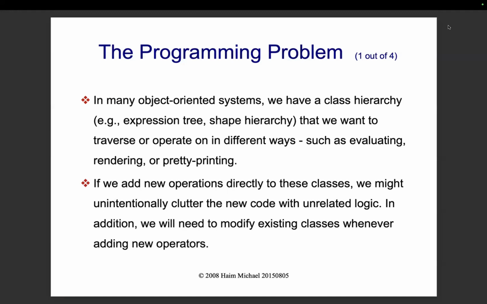In addition, if we choose that approach, adding simple methods to classes we defined, it means that whenever we want a new operation that we can invoke on each and every object, that will require adding the code of that operation to each and every one of these classes. And when dealing with a big number of classes, it might become too much. So we are looking for a solution.